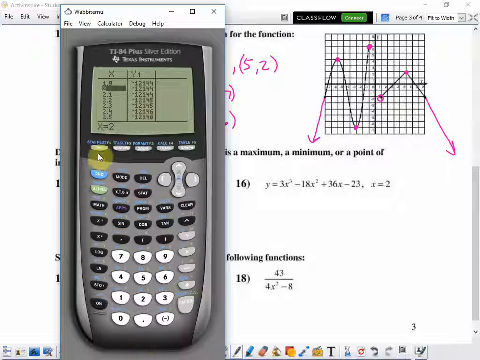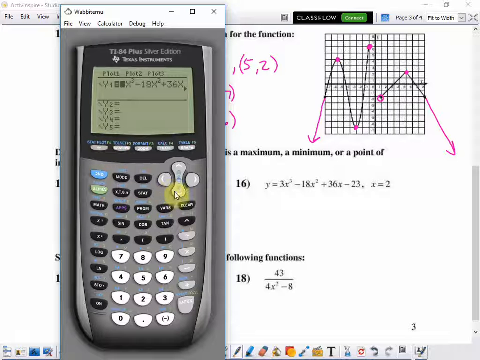That does not appear correct, so I'm going to go back to y equals and make sure I put that in correctly. I've got some things in there that need to be deleted. I didn't clear this out.